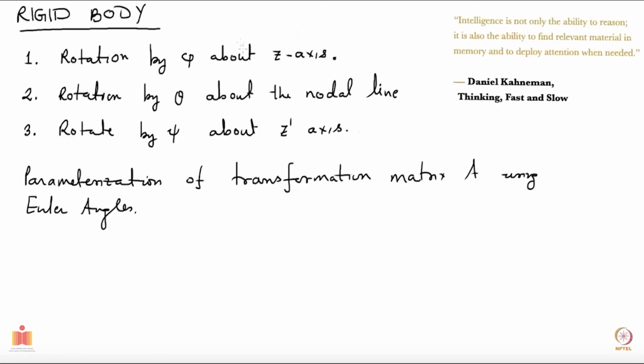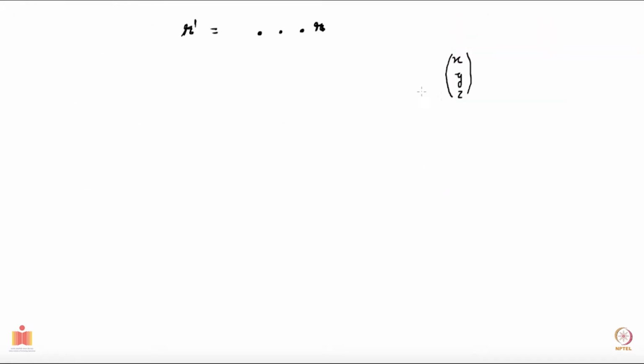and what should I do? Let's go back. Rotate by phi about z axis. Okay, so the rotation is going to happen about the z axis, meaning after rotation whatever I get, it should have the same value of z.